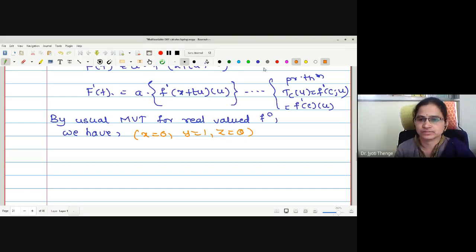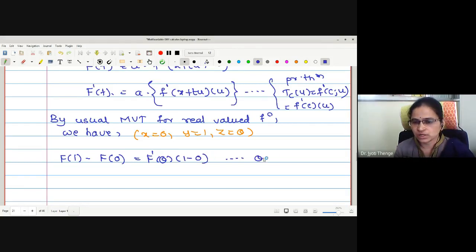So what is the statement? It is F of 1 minus F of 0 equals F dash of theta into 1 minus 0, where theta lies between 0 and 1, or you can write it like this: 0 less than theta less than 1.